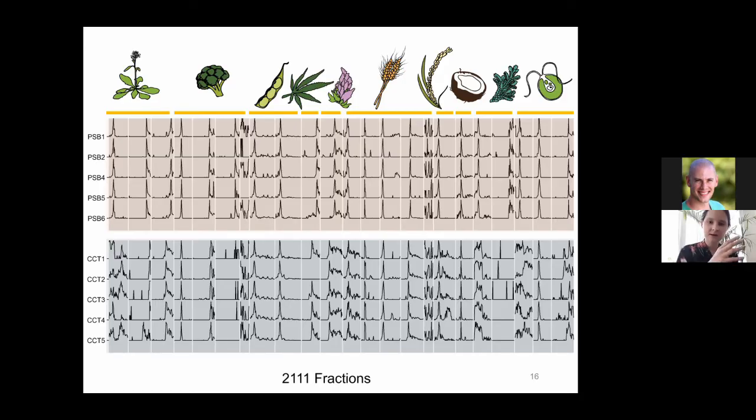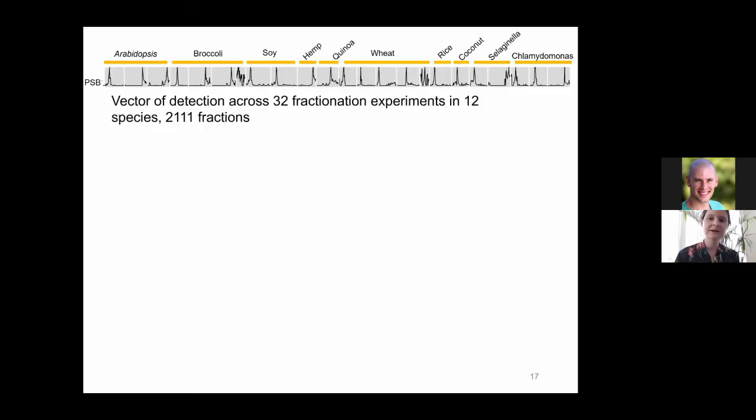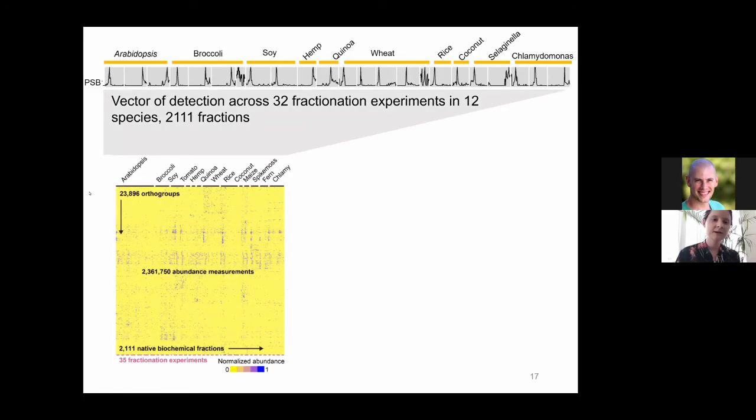And all of these vectors are kind of a signature of what it looks like to be a proteasome or a member of the CCT chaperone in our experiments. So we already know that proteasome and CCT chaperone exist, but the whole point of this is to find new complexes, other sets of internally consistent correlation profiles. So we've got our vector of detection across all these 2100 fractions, covering 2400 orthogroups.